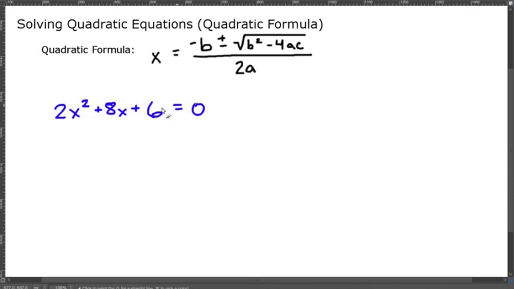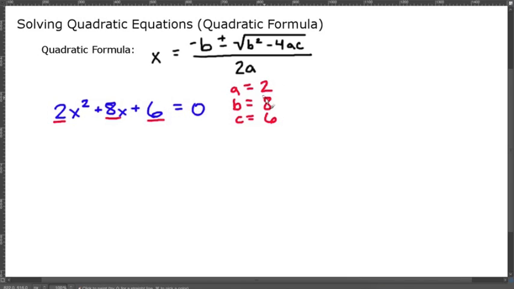First step is to write down what a, b, and c are equal to so you can plug them in. So in this case, our a is equal to positive 2, our b is a positive 8, and our c is a positive 6. So now we're going to plug 2, 8, and 6 into this equation.